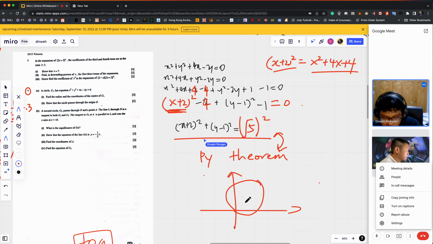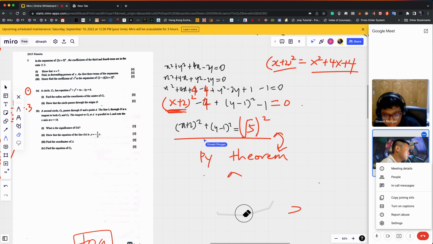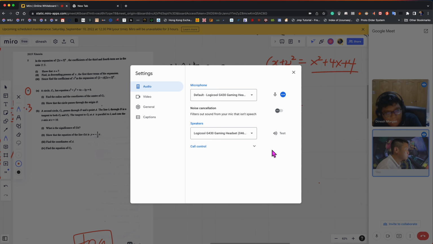Never mind about this center first. Let's say this is 1 and 1, and then the radius has to be. Never mind, I want to use this example to illustrate to you.